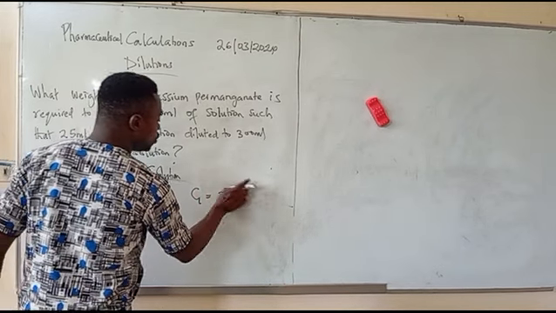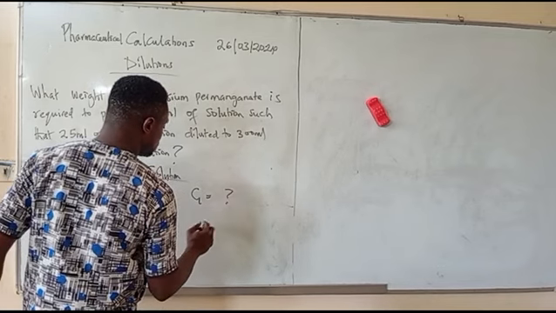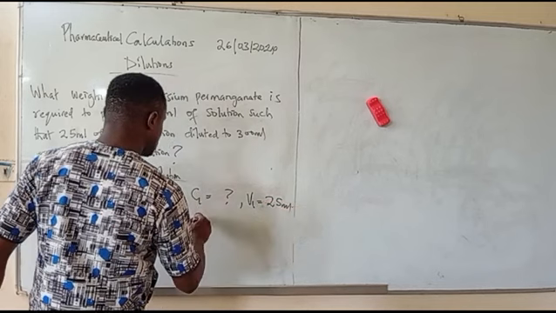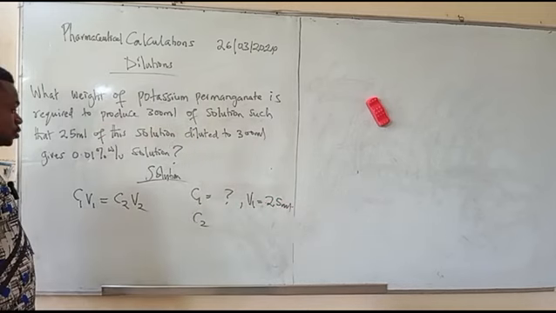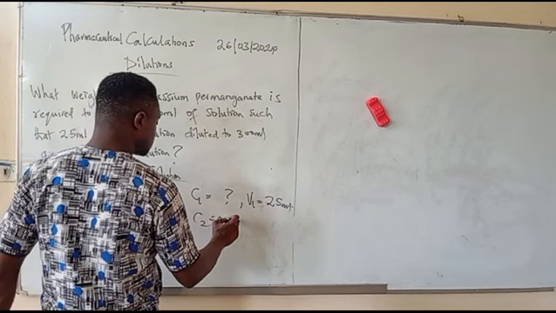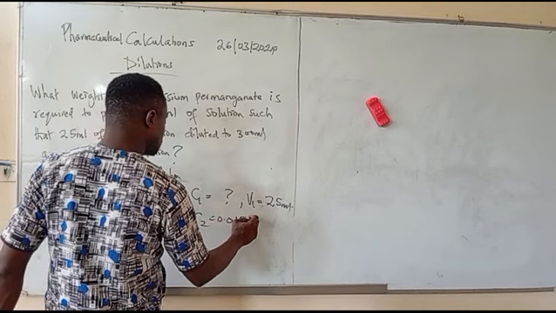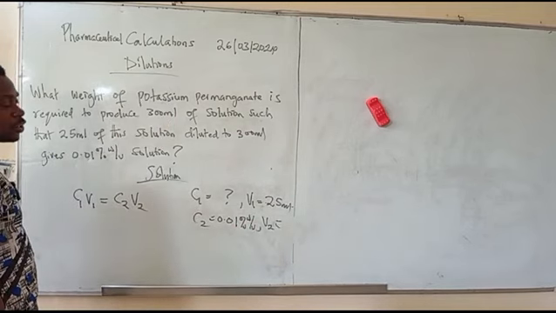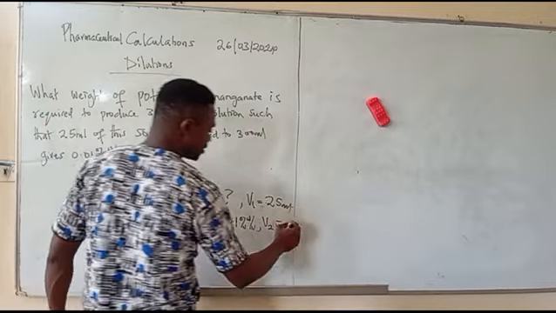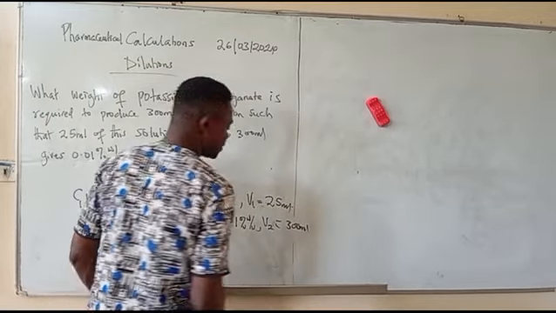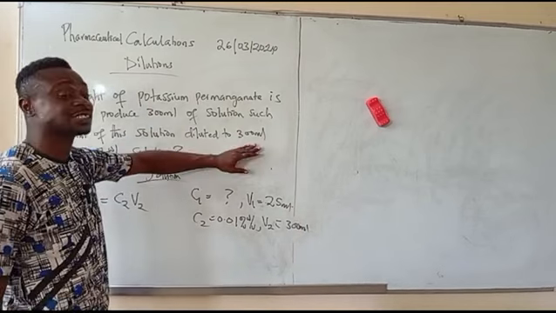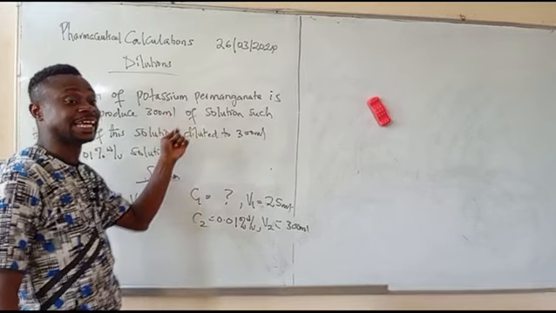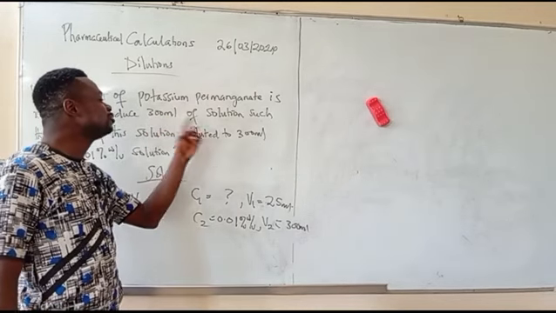Let's continue. So now let's find this one. Is it clear? So from here now, C1 V1 is equal to C2 V2, which implies C1 is now equal to C2 times V2 over V1. That is 0.01% in volume times V2 over 25 ml.